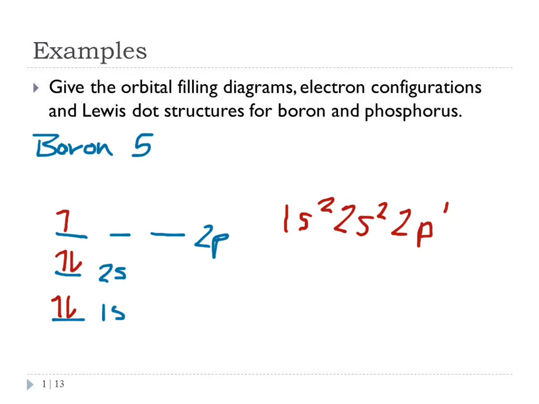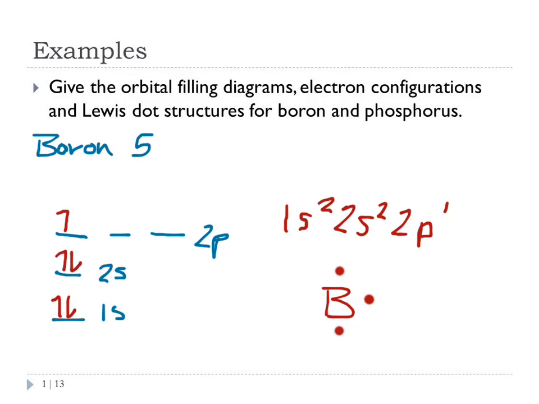How many valence electrons does boron have? 3. So then the Lewis structure for boron will be the element symbol, and then we'll have dots. It has 3 dots, so 1, 2, 3.